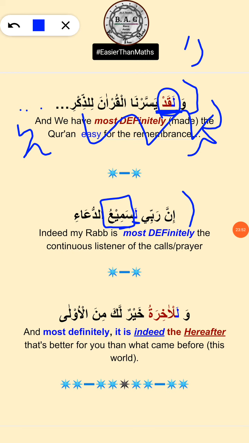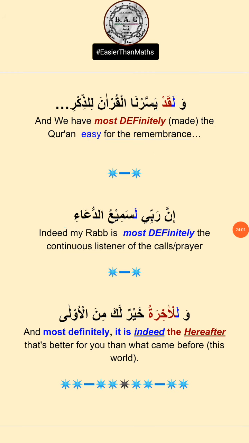And together it forms Muzaf Muzaf ilayh with Sami'ud Dua. Alright. Now here we have our Laam-e-taakeed, La Sami'ud Dua. Alright, so I don't think I need to translate it or explain it further, because I hope that you guys now understand and can now appreciate what this Laam-e-taakeed does in a sentence.